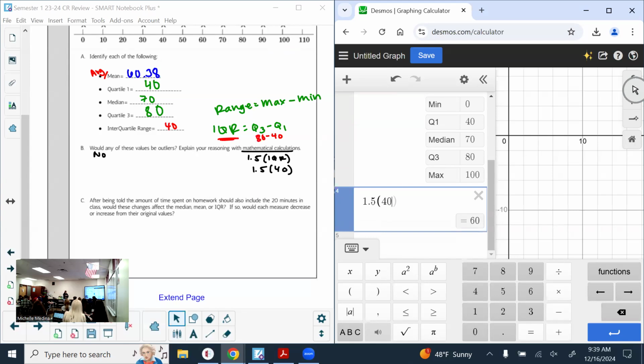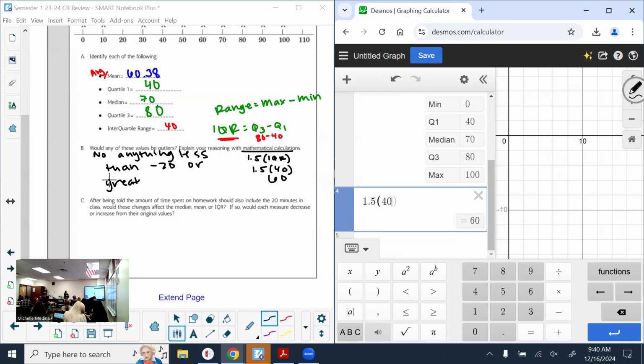Neither of those numbers are part of my data. So no. You could say anything less than negative 20 or greater than 140 is an outlier.